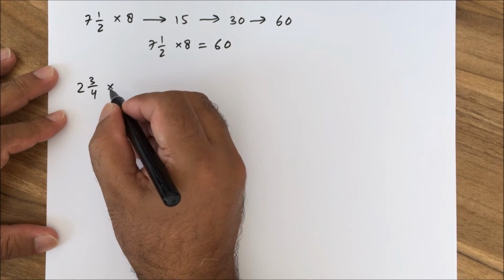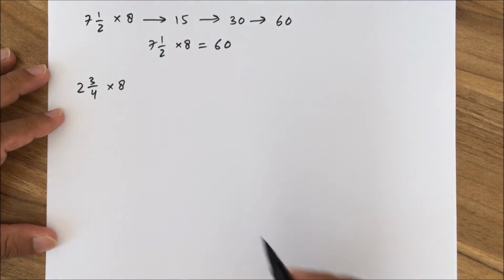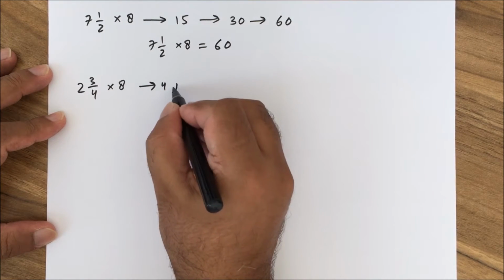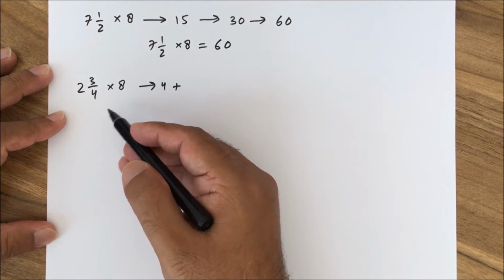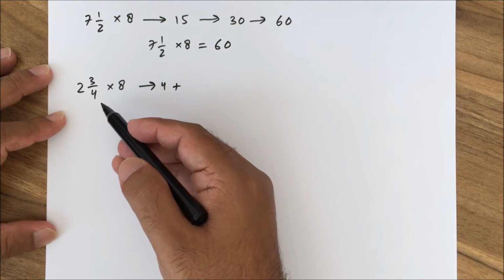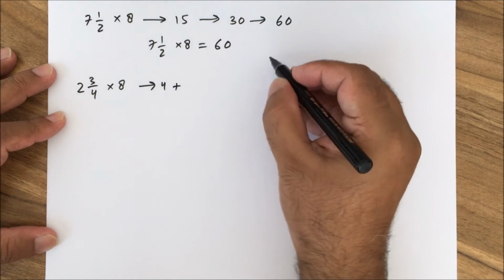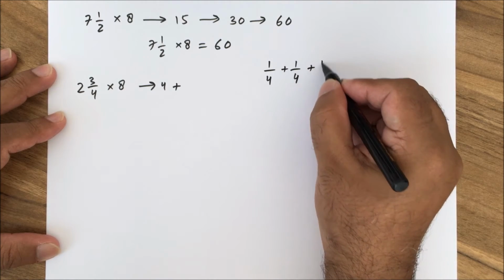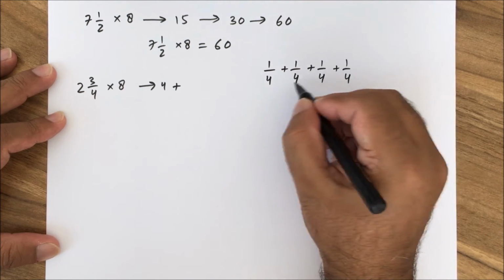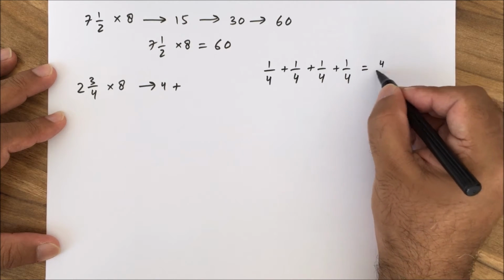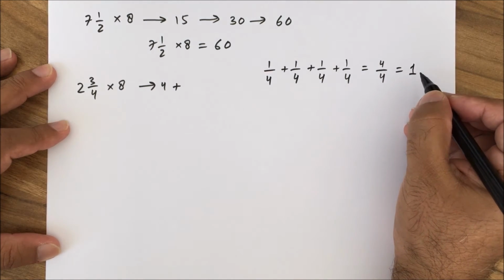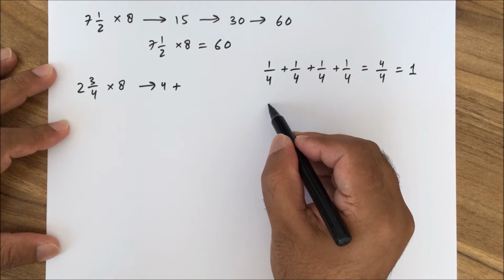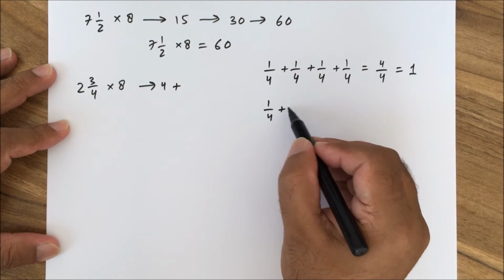Let's take a little bit more difficult number. Let's say 2 and 3/4 times 8 I want to do, and double of 2 is 4, we know that, but double of 3/4 is also easy. Double of 3/4 is 6/4, and let me explain a little here. If I take 1/4 and add it by itself 4 times, I will get 4/4, right? That is equal to 1. So we have 3/4 right now, and then double of 3/4 is 6/4.